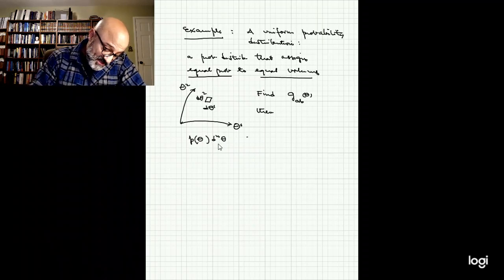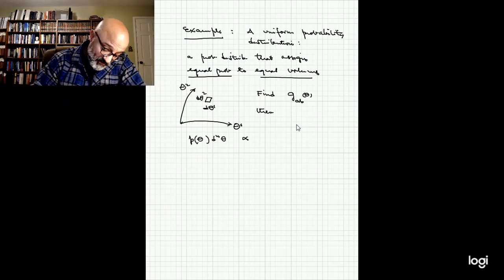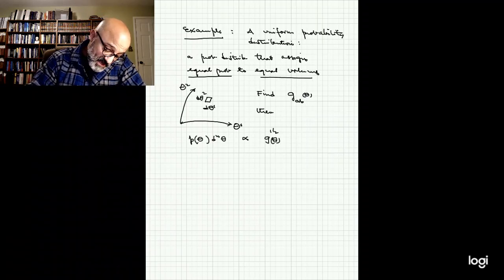This is going to be uniform if this probability is proportional to the volume of that region. So we have to write g to the 1/2: find the metric tensor, find the determinant, g to the 1/2, and then like so.